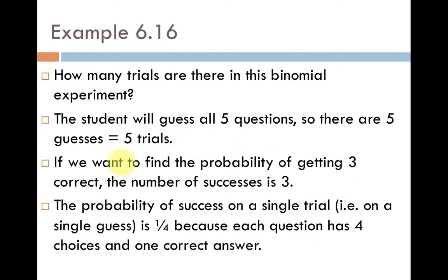The answer to that is 1/4, because each question has exactly 4 choices and 1 correct answer. 1 out of 4. 1/4 is the probability of success on a single trial, a single guess of that test. So we have N equal 5, P equal 1/4, and for part A, S, the number of successes, is 3.